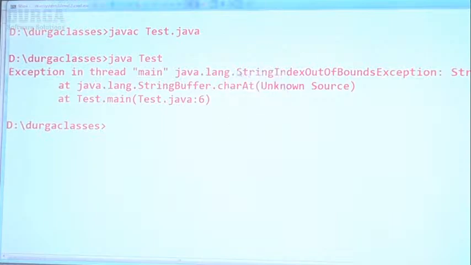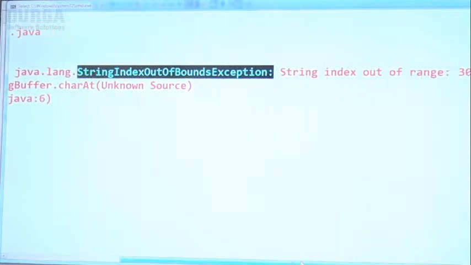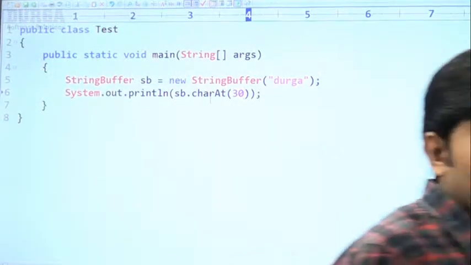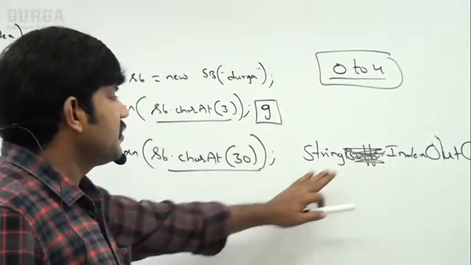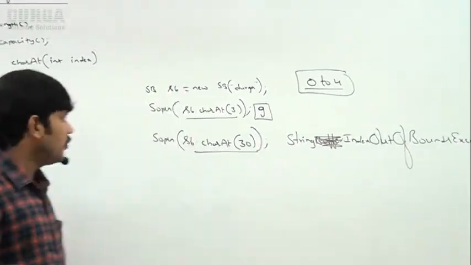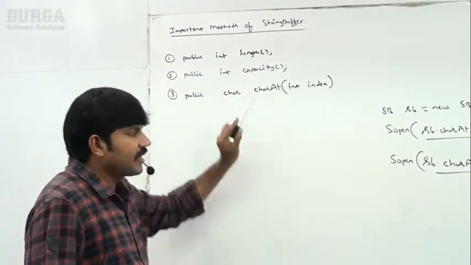What's the answer? It is the StringIndexOutOfBoundsException, but not a StringBufferIndexOutOfBoundsException. So there is no StringBufferIndexOutOfBoundsException, just a simple StringIndexOutOfBoundsException. Everyone can understand, right? So the methods are length, capacity, and charAt.